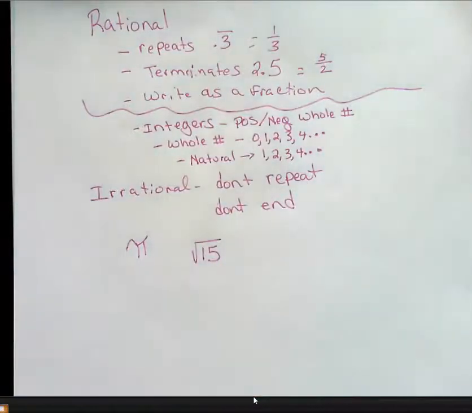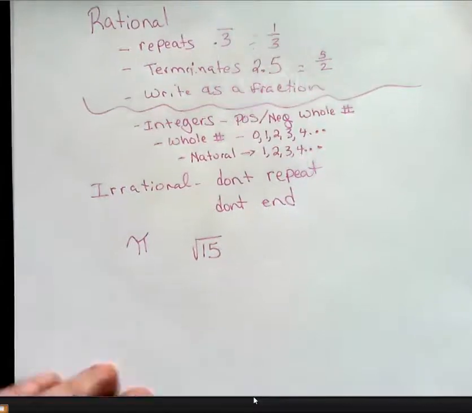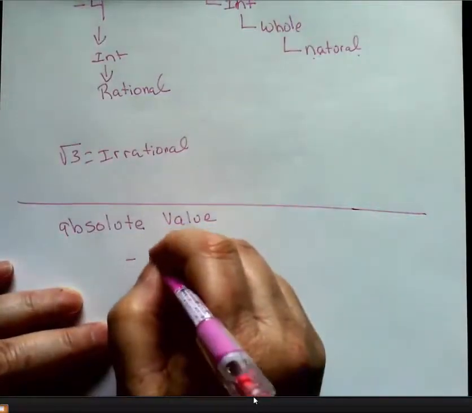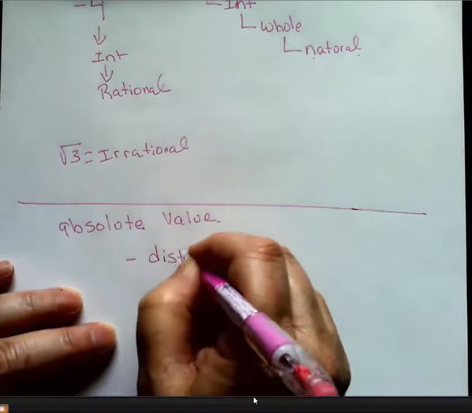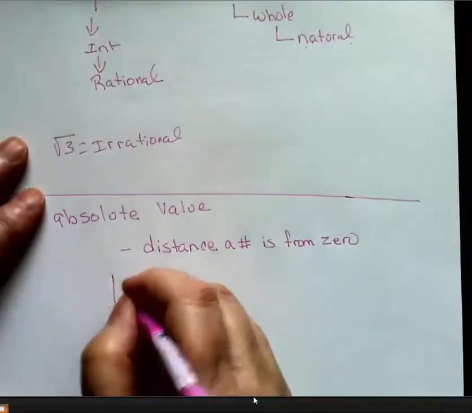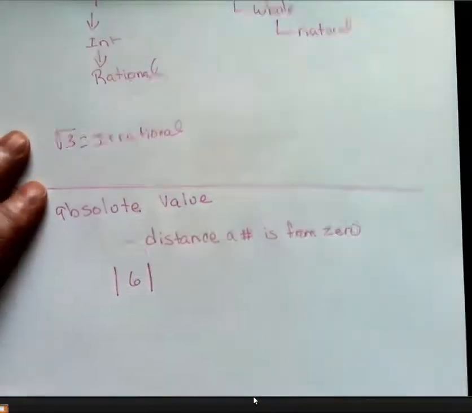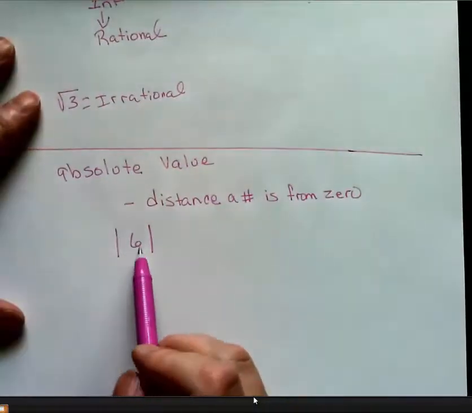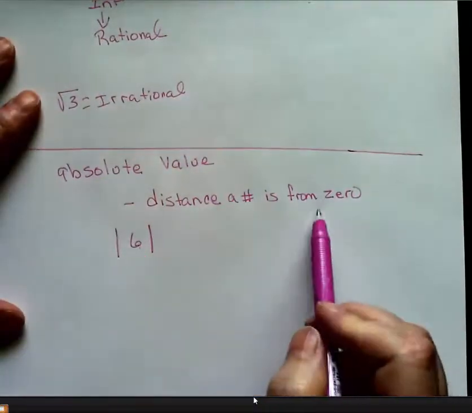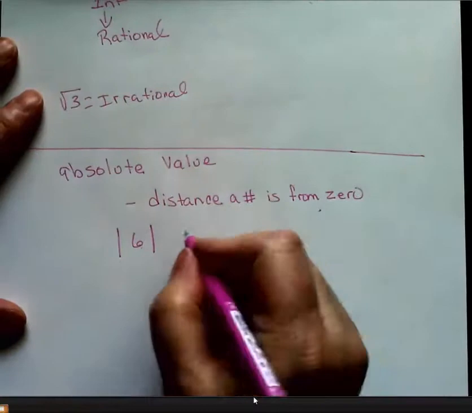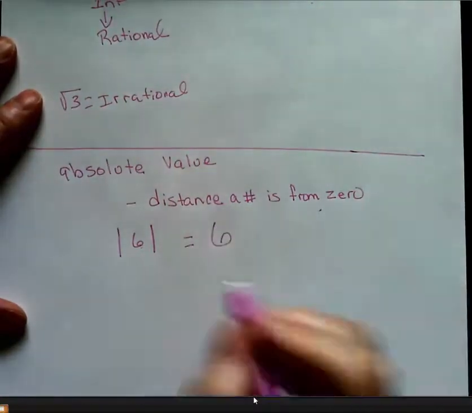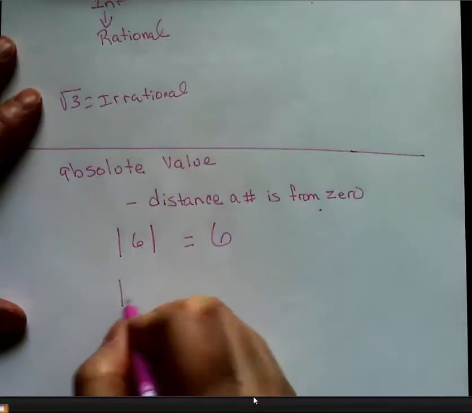Okay? So, you're going to be given a list of numbers, and you're going to have to tell where the value. Absolute value is the distance a number is from 0. And we show absolute value like this. What this says is, how many spaces is 6 from 0? So the absolute value of 6 would be 6. Now let's look at this.